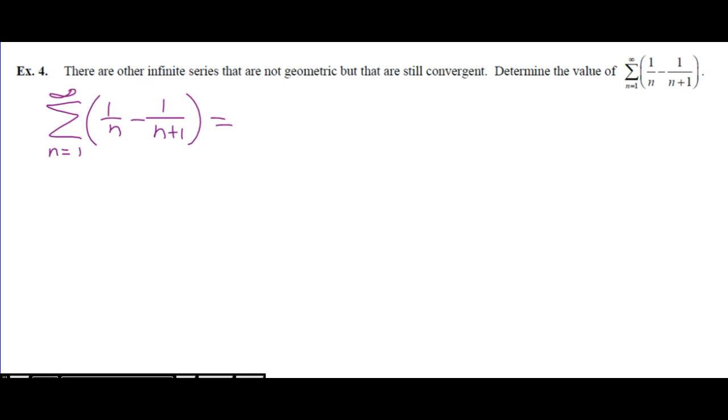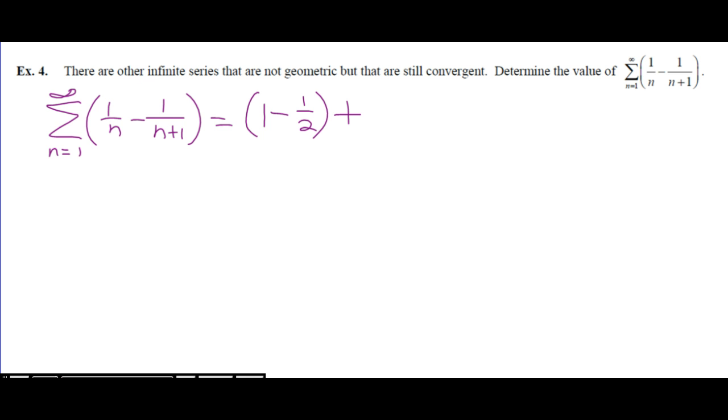So we start by making n equal 1. What's 1 over 1? Just 1. Minus, what's 1 over 1 plus 1? So that's T1, the first term: 1 minus a half. Remember, this is not a geometric series, so we have to add T2. What's T2?